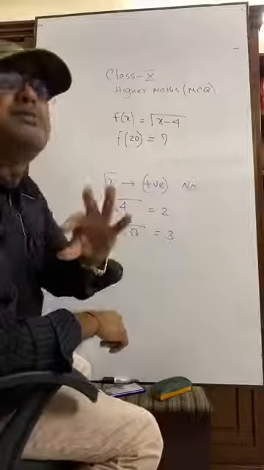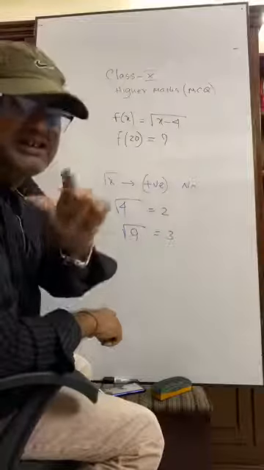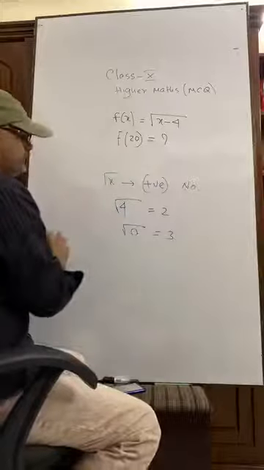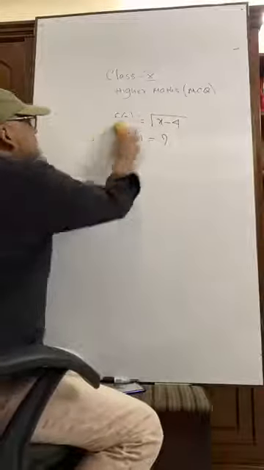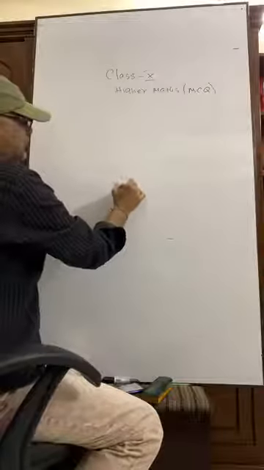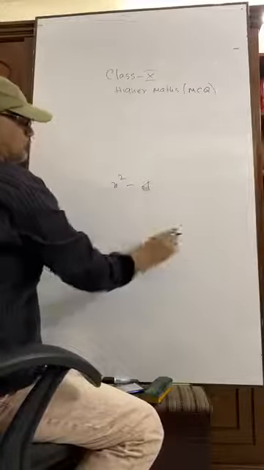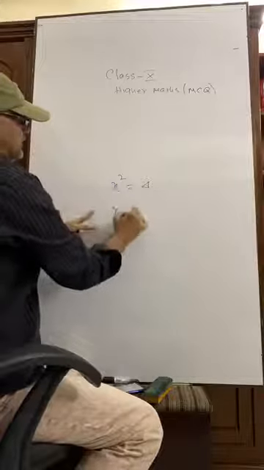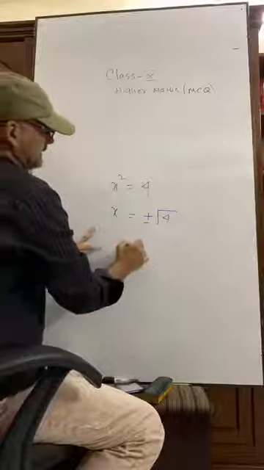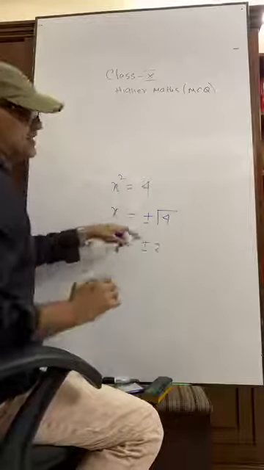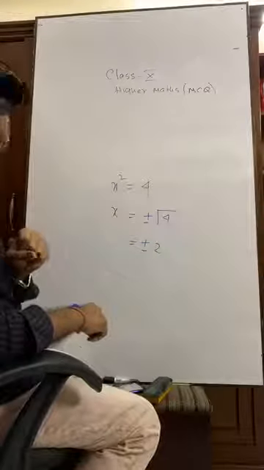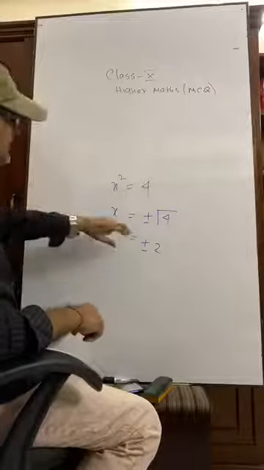Then where is it plus minus? Yes, that's a good question. Given x square equals 4, then x equals plus minus root over 4, that is plus minus 2 in this case. If you want to write plus minus, it must start from this line.